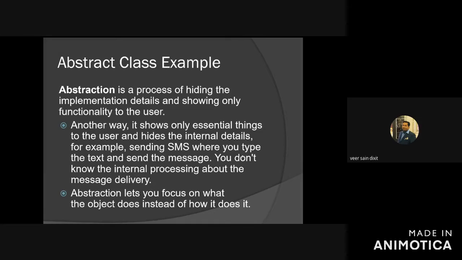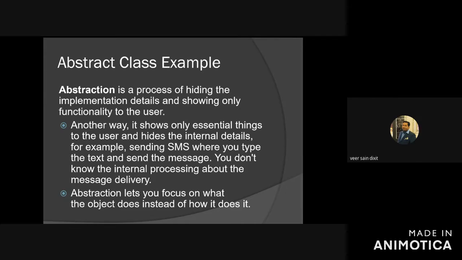Now, abstract class example. As I told you, abstraction is a process of hiding the implementation details and showing only functionality to the user. Without going into the implementation detail, the behavior of a particular process is known as abstraction.